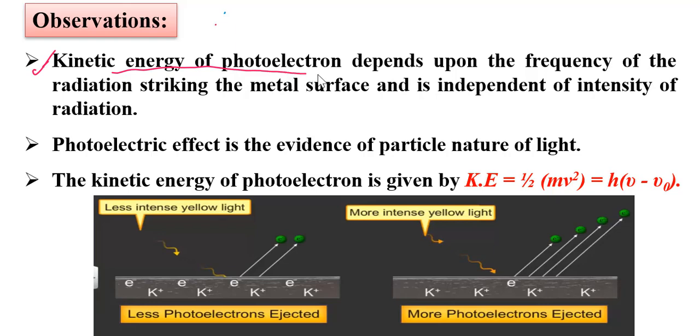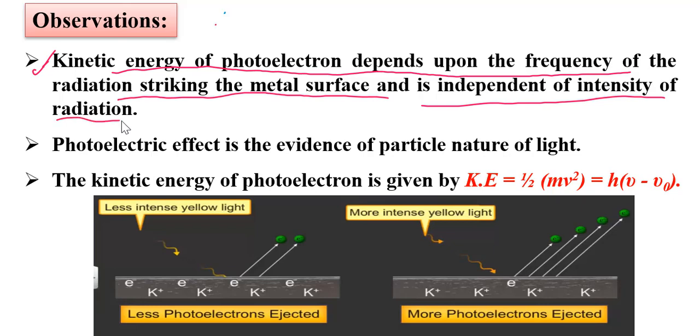The kinetic energy of the photoelectron depends upon the frequency of the radiation striking the metal surface and is independent of the intensity of radiation. Independent of intensity is a very important point. Kinetic energy does not depend on intensity.